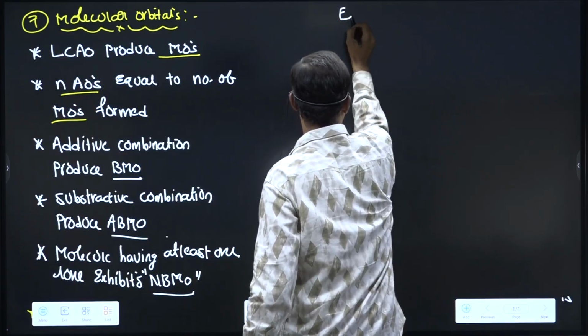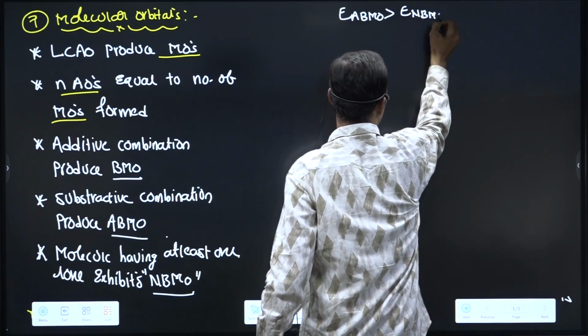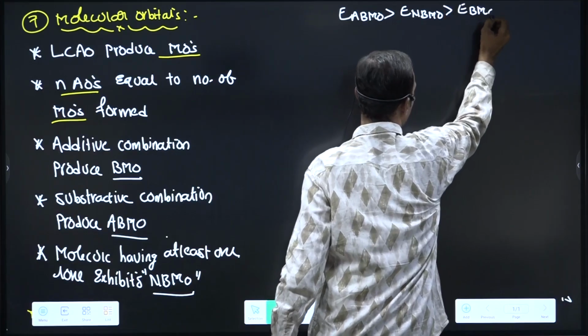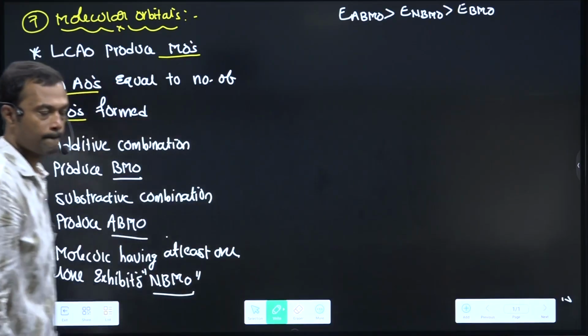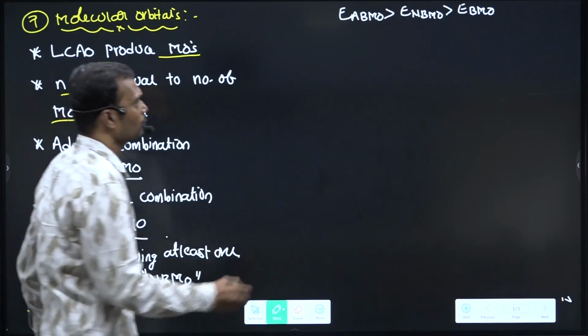Energy order: energy of ABMO is greater than energy of NBMO, then energy of BMO. Energy of ABMO is always greater than NBMO and BMO.